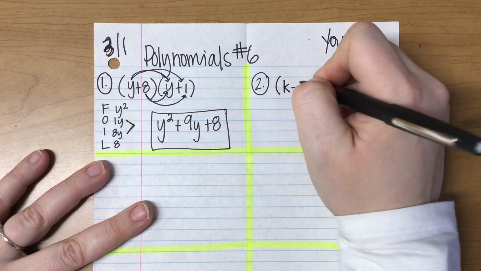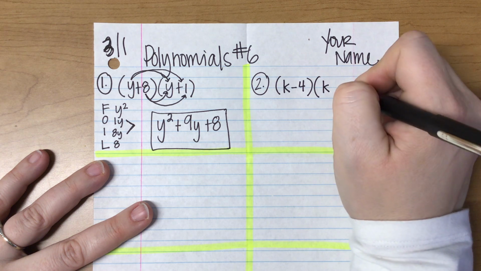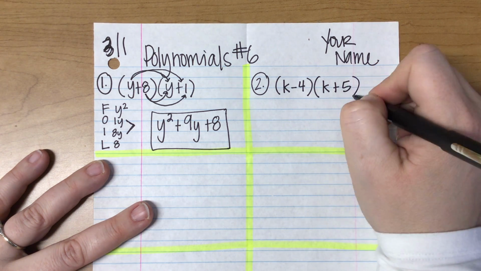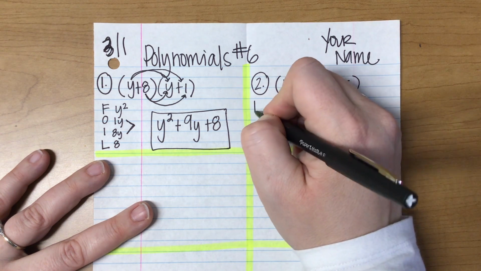K minus 4 and K plus 5. K minus 4 and K plus 5. So again, we're going to use FOIL.